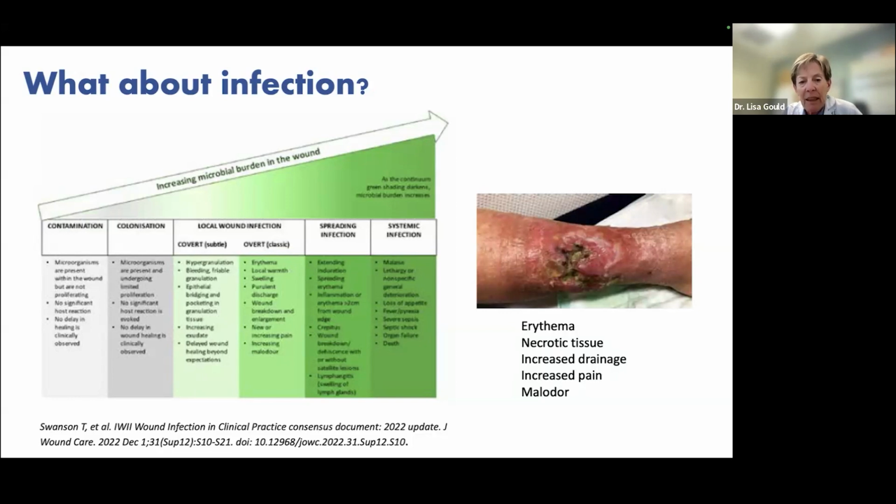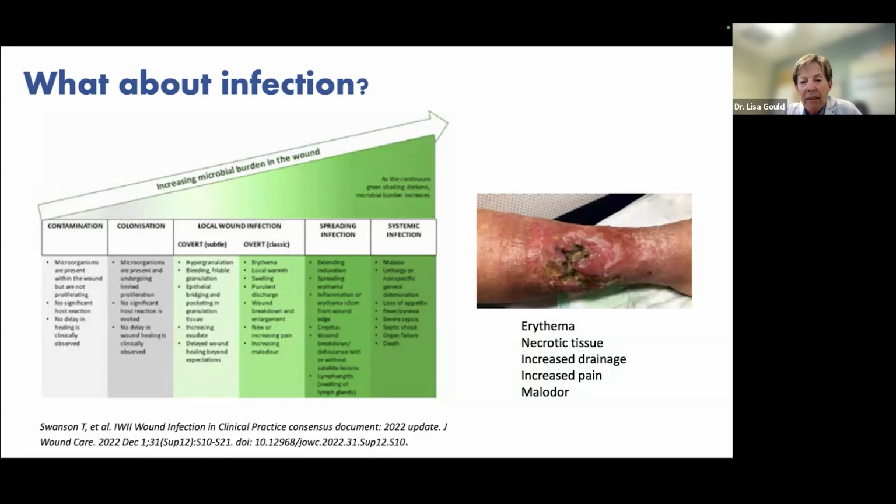This nice gradient that was put out by the International Wound Infection Institute talks about that, where it's contamination to start with, it can build up to colonization, local wound infection, which may be covert or overt. Overt, there's purulent discharge and the wound starts to break down. They have increasing pain, malodor, and some erythema.